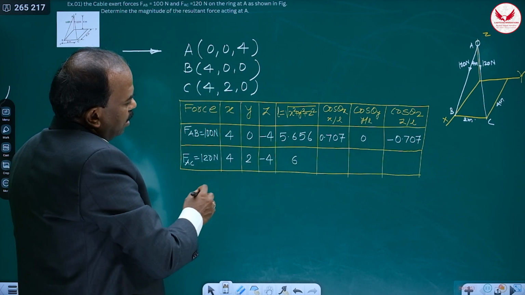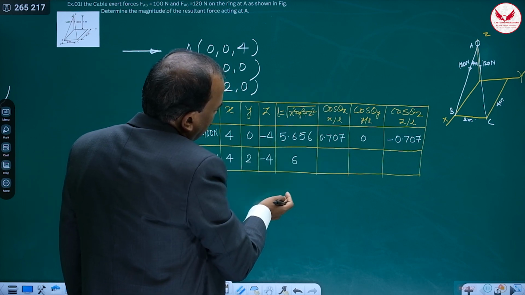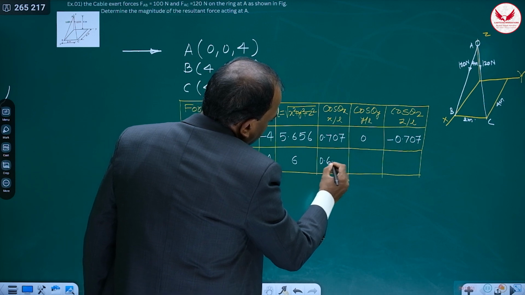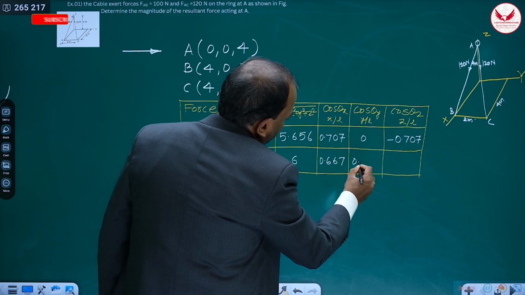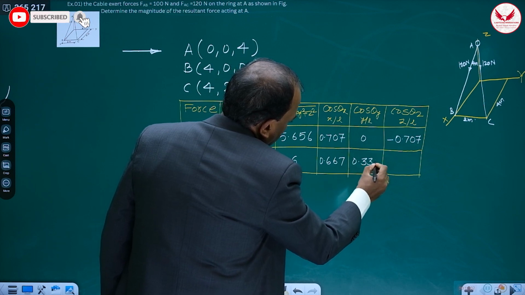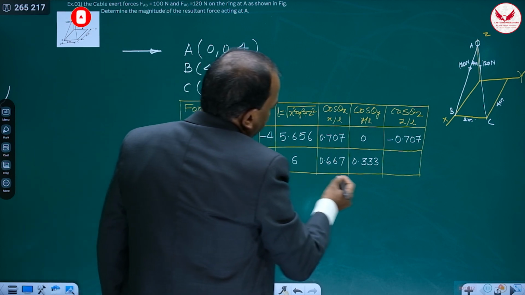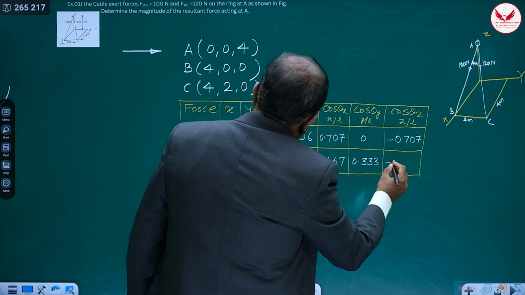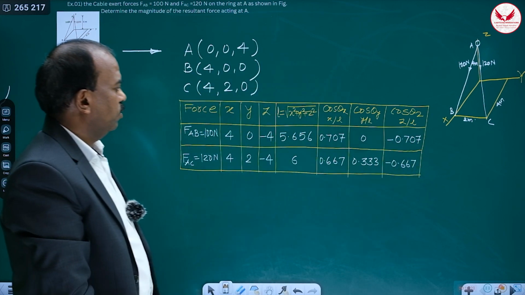Then what will be the value of cos theta x? 4 by 6, how much is it? 0.667. The next is 0.333. And the next is again minus 0.667. So these are the values.